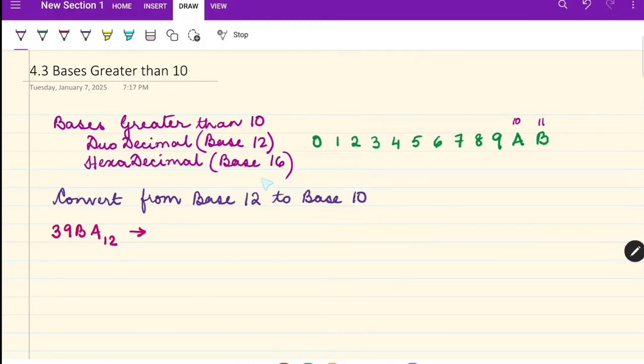For hexadecimal numerals, base 16 numerals, it's the same thing except it will go all the way up to 15, 1 less than 16.